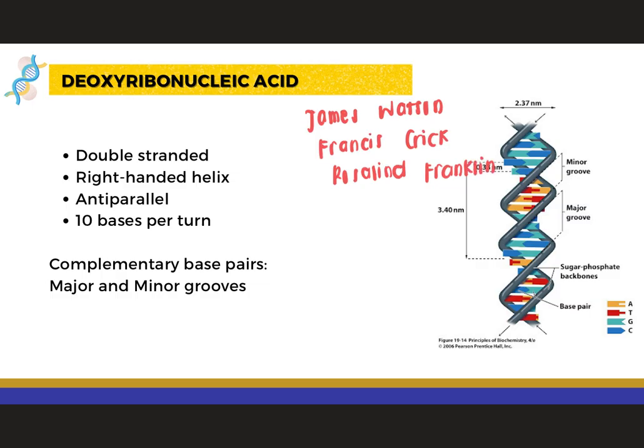The proposed model was based on the X-ray diffraction photographs of DNA taken by Rosalind Franklin. Watson and Crick won a Nobel Prize in 1962 for their discovery. So, short trivia, despite the efforts of Franklin, hindi siya nanalo ng Nobel Prize because she had died of ovarian cancer in 1958. And the Nobel Committee does not consider posthumous candidacies.